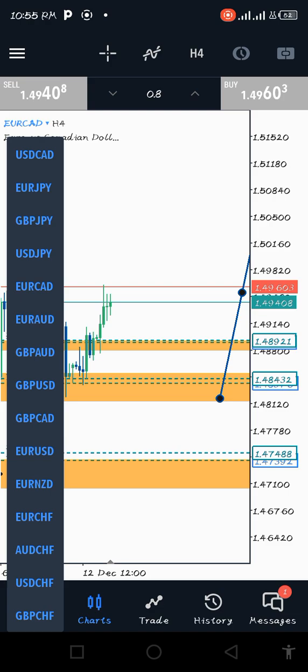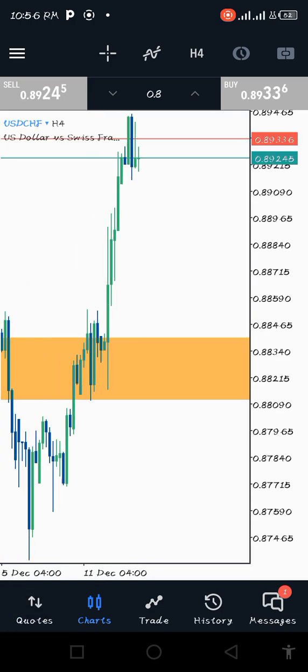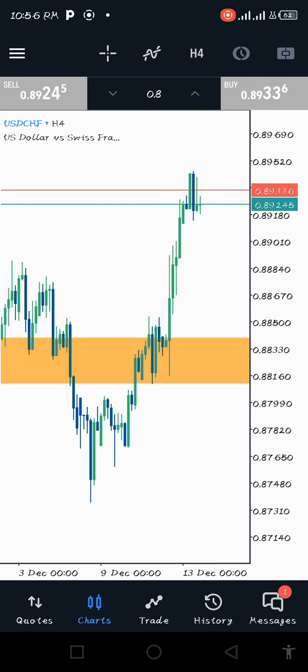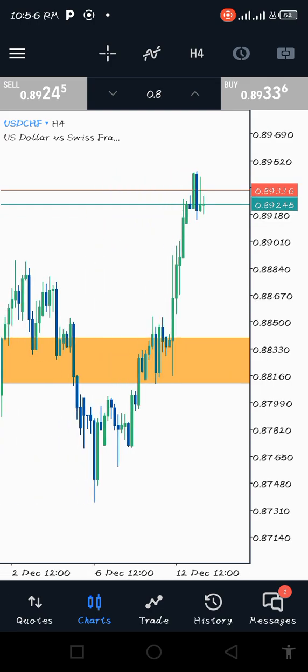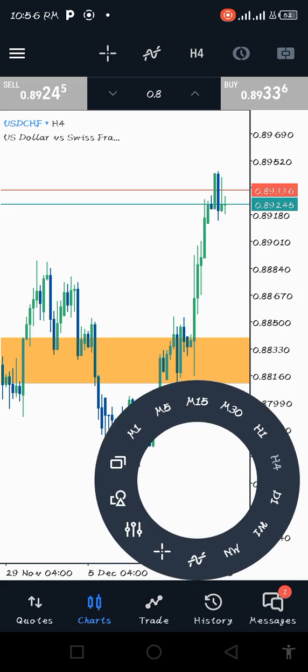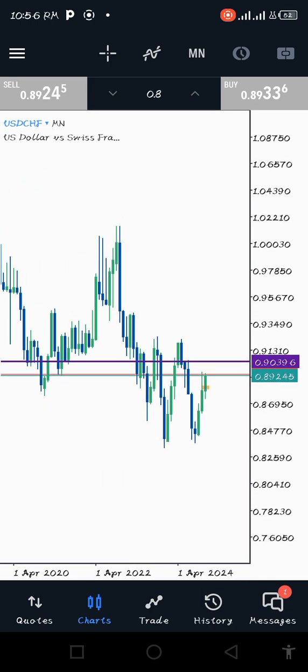Because of the latest news that the Swiss National Bank has cut the interest rate. After reviewing a lot of pairs, I got USD Swiss franc as a pair that can give us a much clearer entry, and it has much clearer price movement.